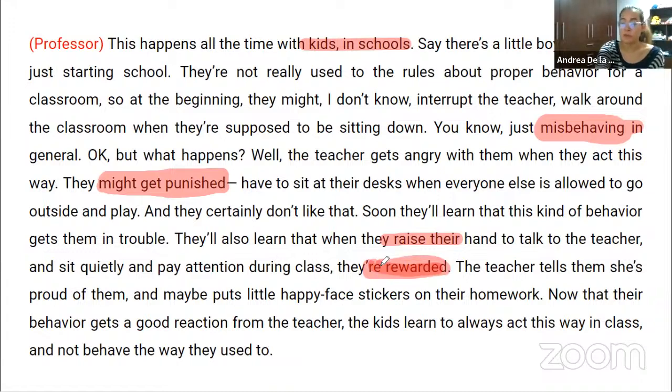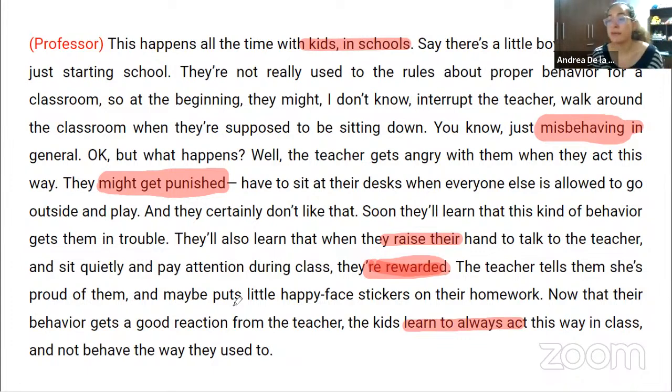It's a pleasant consequence. And what happens? At the end, they learn to always act this way. So they modify their initial behavior, they change it. Why do they change it? Based on what? Based on what they have seen are the consequences of their behavior. Based on what they have seen are the teacher's reactions to their behavior, right?